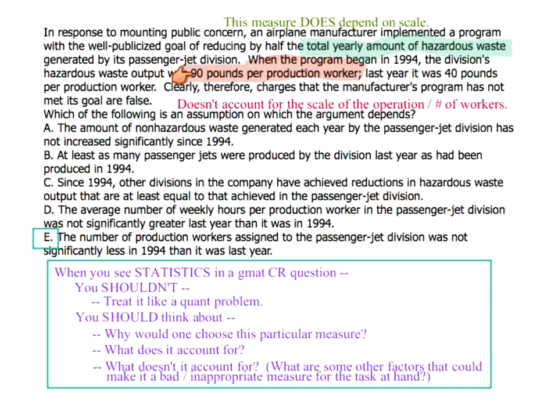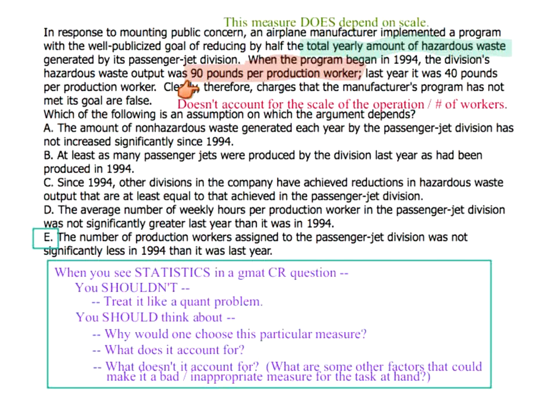If you have the same exact amount of pollution divided by a dramatically smaller number of workers, then your pounds of pollution per worker will go up, even though you don't really have any more pollution.